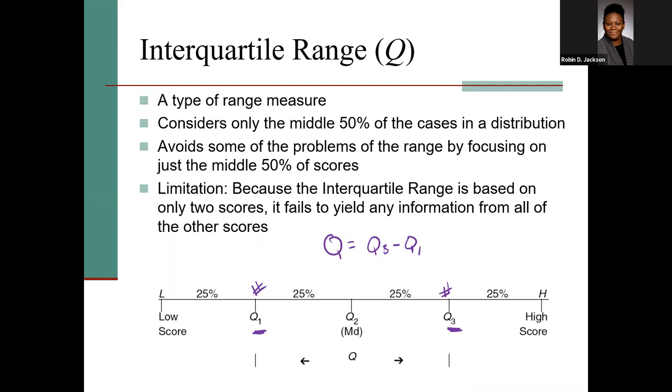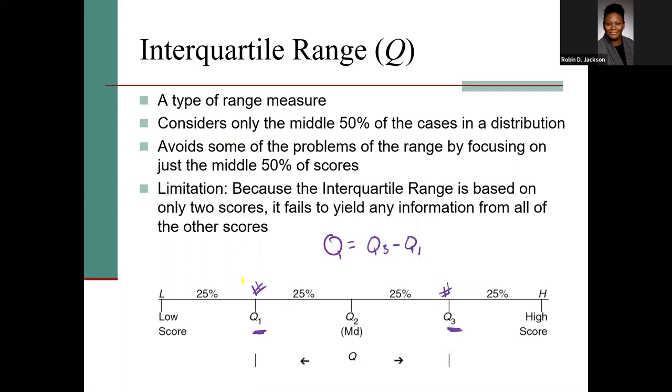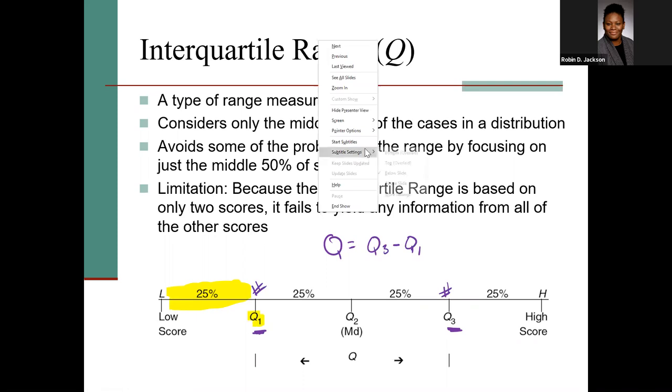So 25% of cases fall below quartile 1, okay?